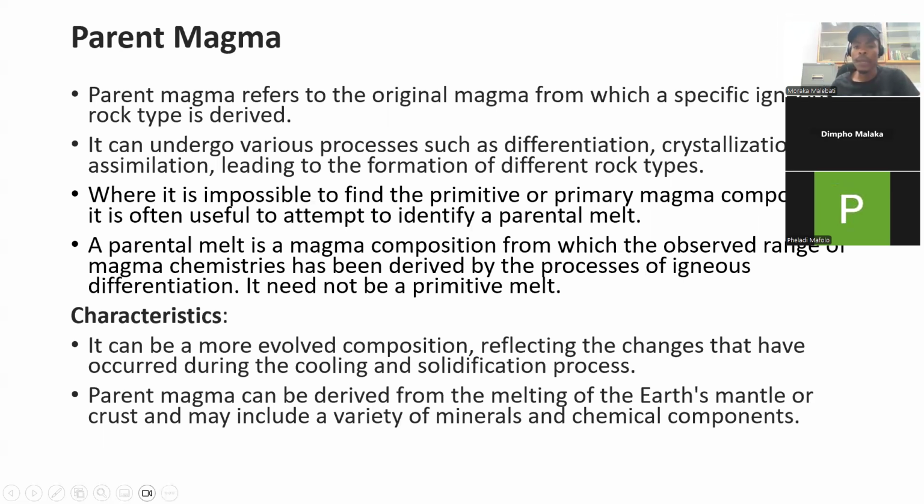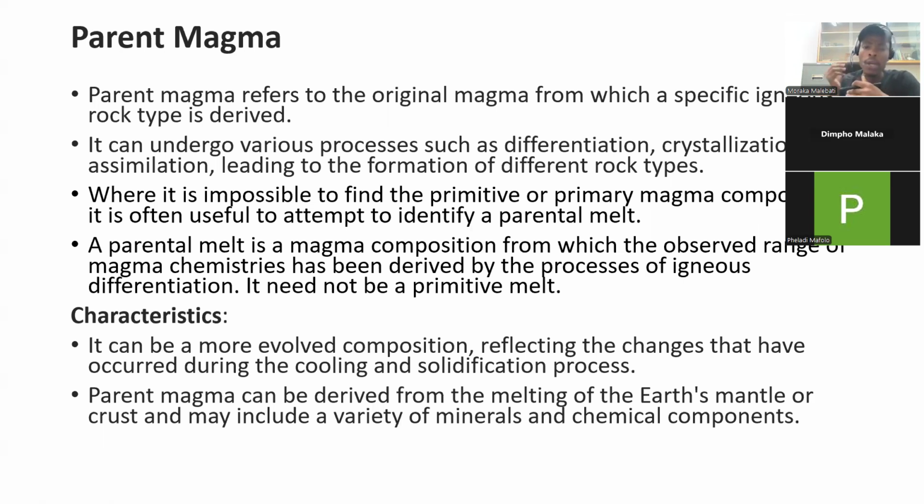Now, the parental magma refers to the original magma from which a specific igneous rock type is derived. If it undergoes magmatic differentiation, such as fractional crystallization, assimilation, and other processes, you're going to form different igneous rocks.